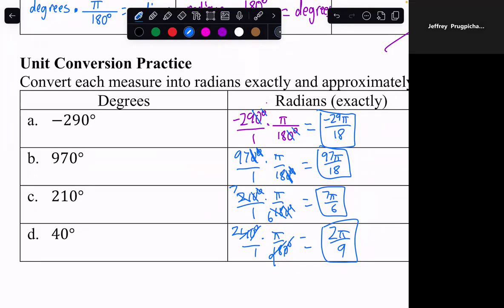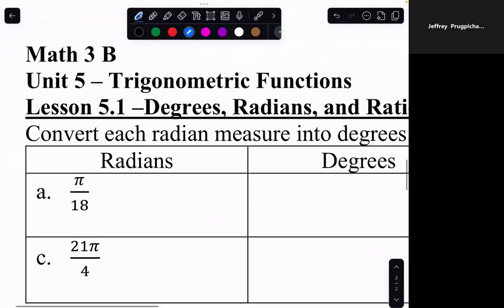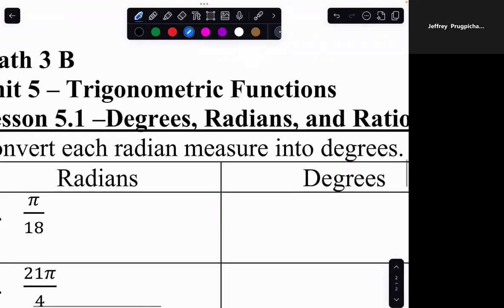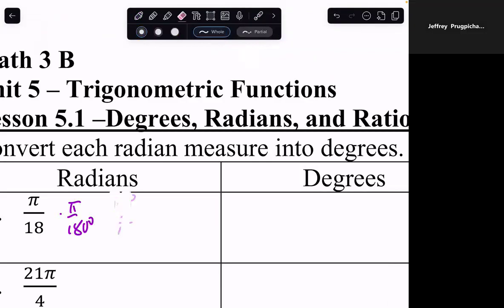We can also convert the other way. So if we continue on. Okay, so convert pi over 18 radians into degrees. Okay, so again, you might not remember at the moment, is it times pi over 180 degrees or 180 degrees over pi? Well, if it were pi over 180 degrees, you would have pi times pi, right?